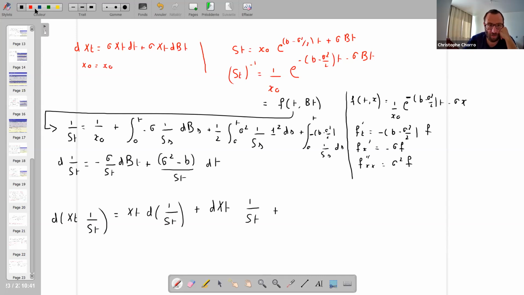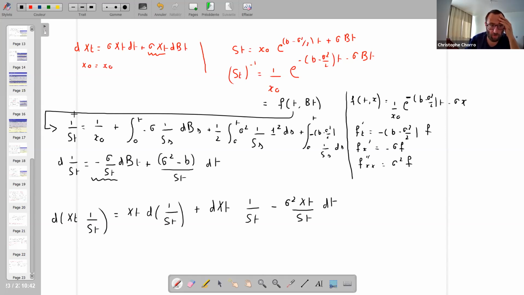Here, in front of dB_t, I have sigma X_t, and here I have this one. So I obtain, as an extra term in the integration by parts formula, the product of these, so I obtain minus sigma squared X_t over S_t dt.